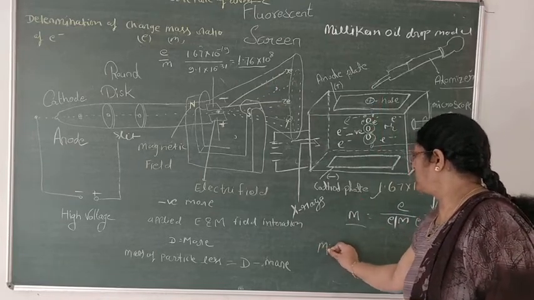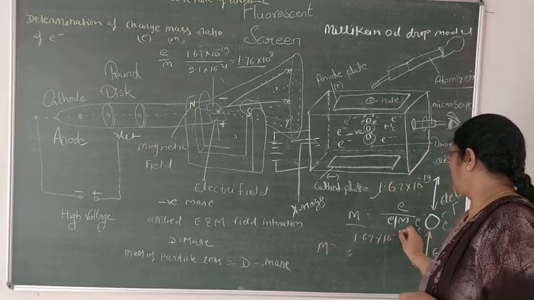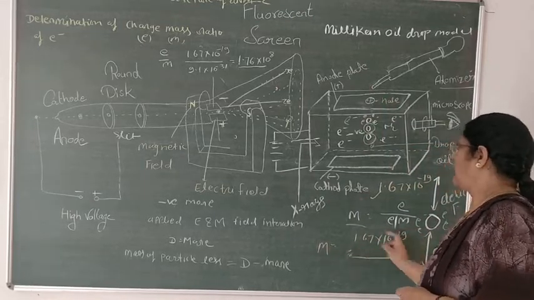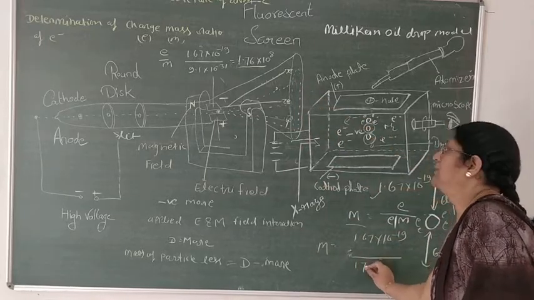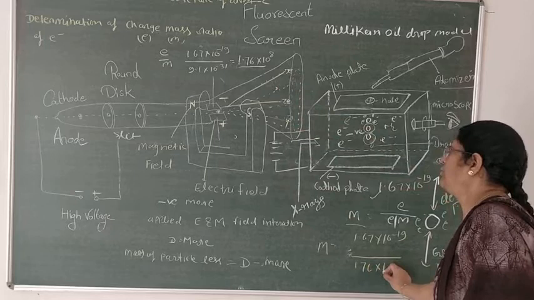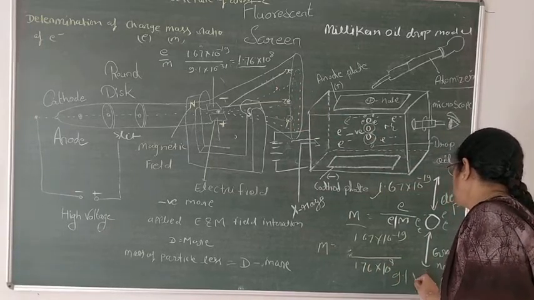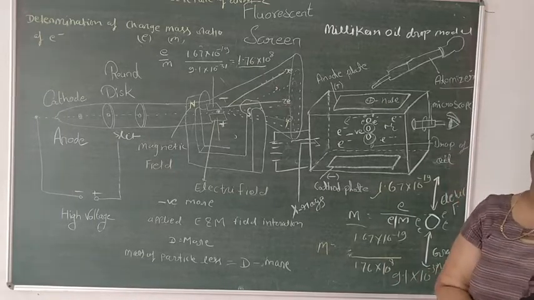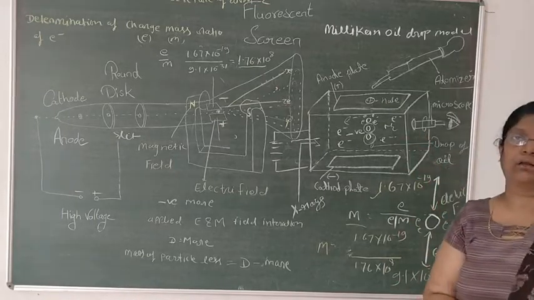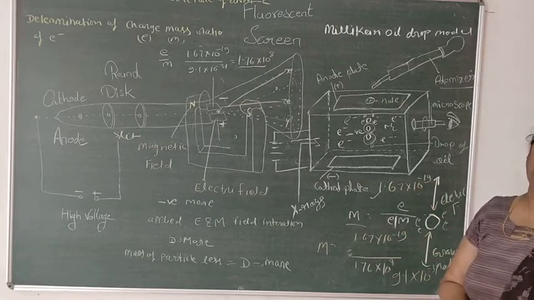So we will divide the value 1.67 into 10 to the power minus 19 by the e by m ratio, that is 1.76 into 10 to the power 8, and we will take the value of the mass of electron 9.1 into 10 to the power minus 31 in kilogram. Through this oil drop model, we came to know the mass of electron.